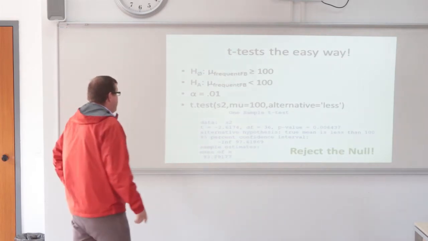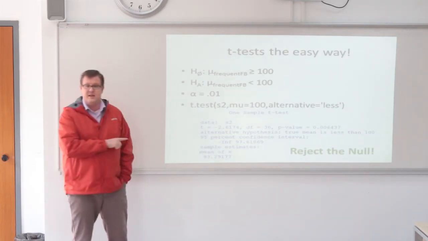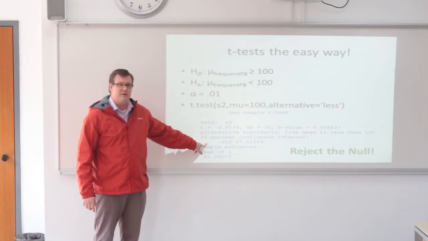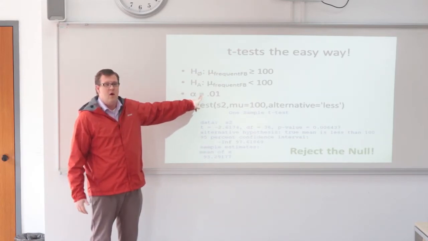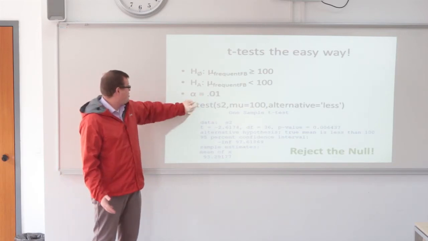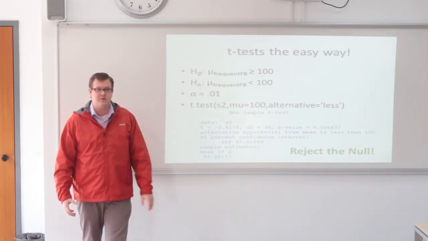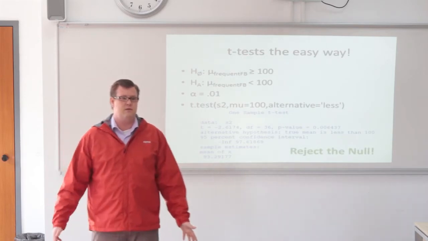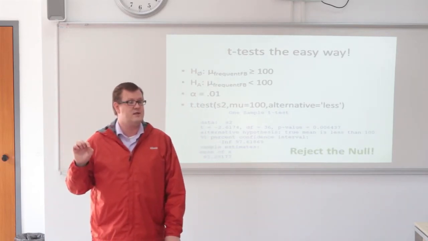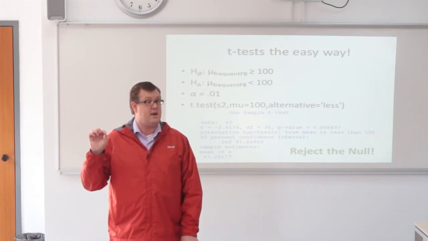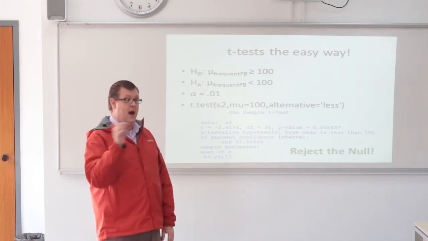Okay. So now, what if you wanted to find the confidence interval? Is this the confidence interval for alpha 0.01? No. What would you need to say to change this if you wanted a 0.01 confidence interval? Conf.level equals 99, exactly right, 1 minus alpha.